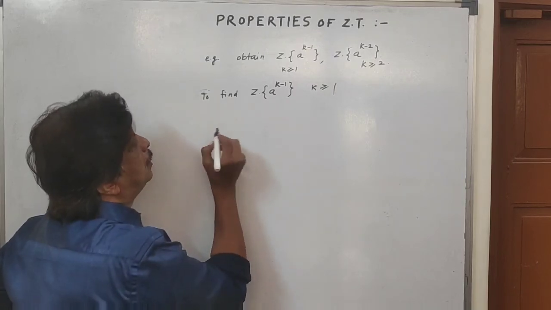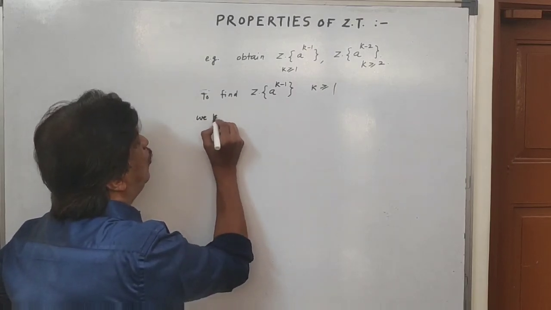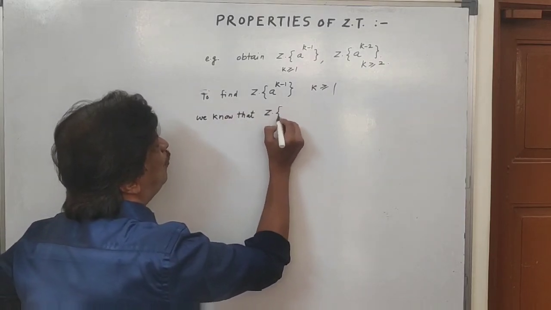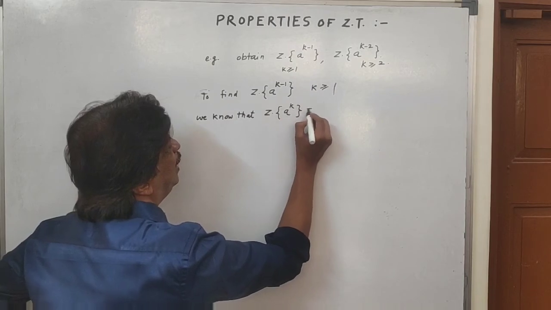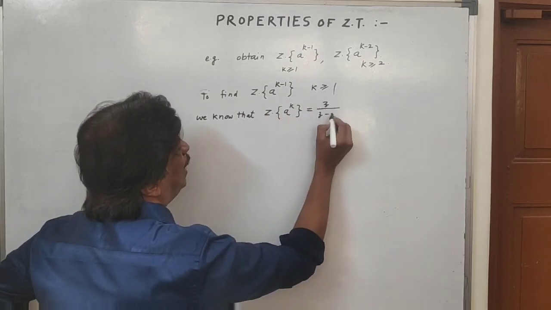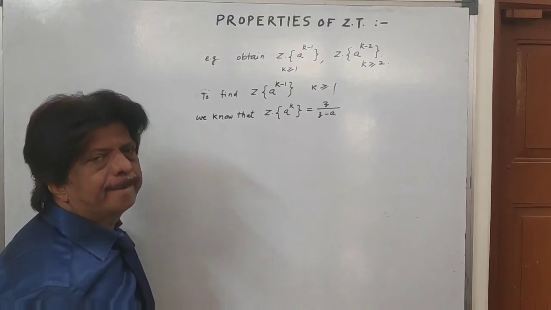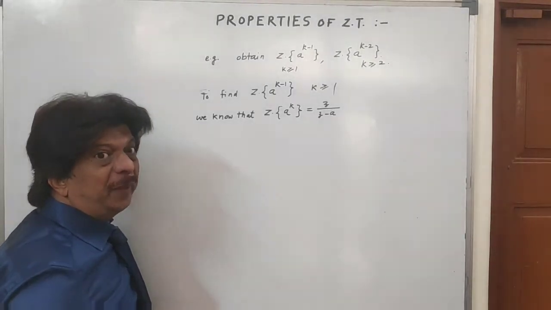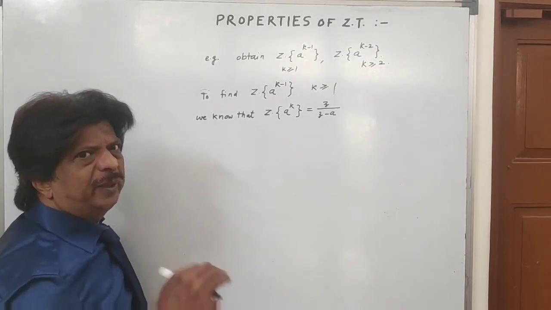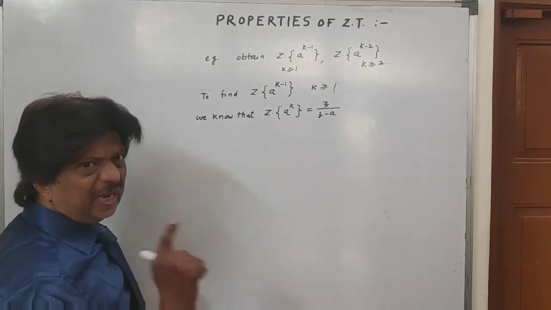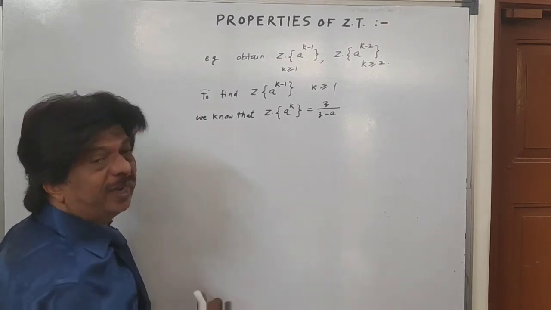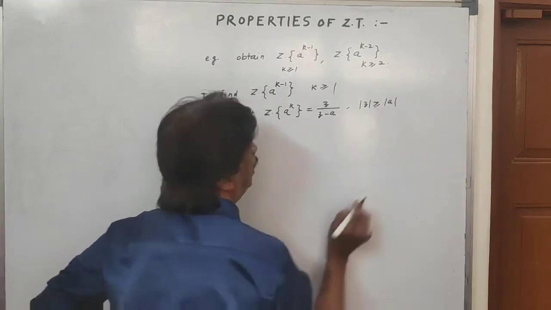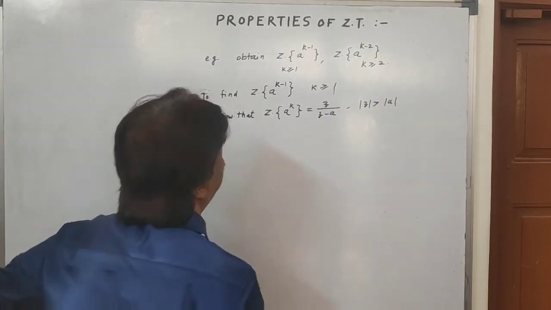Now, we know that the Z transform of a raised to power k is z upon z minus a. The Z transform of a raised to power k we calculated at the very beginning of this topic: z upon z minus a, provided mod z is greater than mod a.